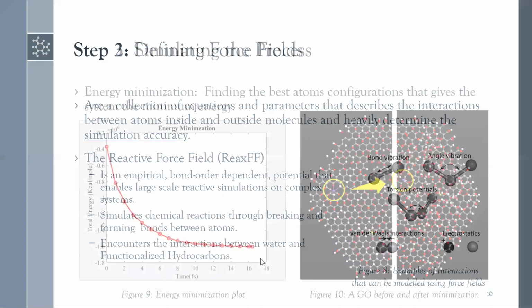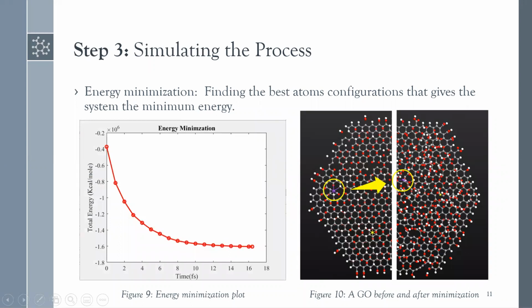Another very important step in any molecular dynamic simulation is the energy minimization. Energy minimization is the process that the software does to find the best atoms configuration that gives the system the minimum energy. In this plot, we can see the energy minimization that we performed. Initially, the energy was very high, then it decreased until it became nearly stable.